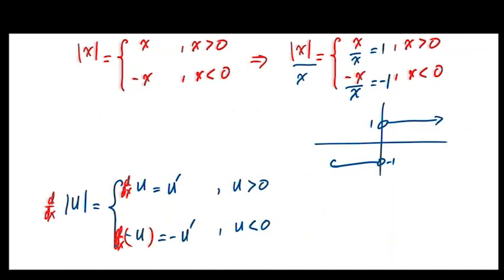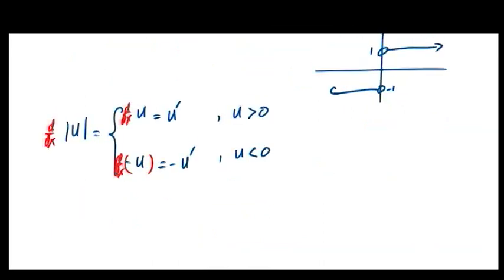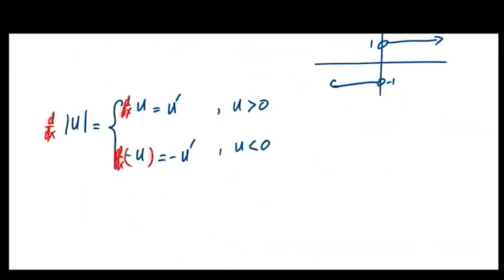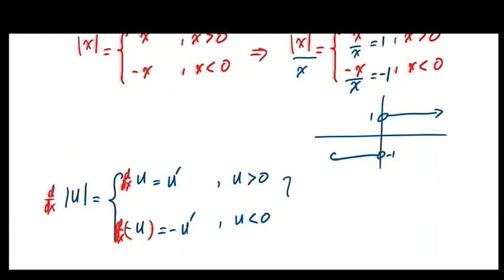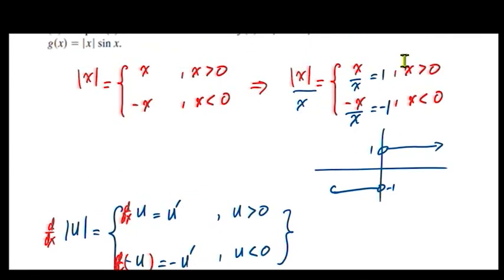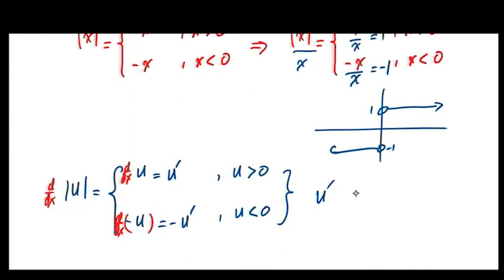Can we combine these two? It's u prime or negative u prime, right? This is your big hint right there. So we need 1 or negative 1, so why don't I write this thing like this? This thing itself is either 1 or negative 1.